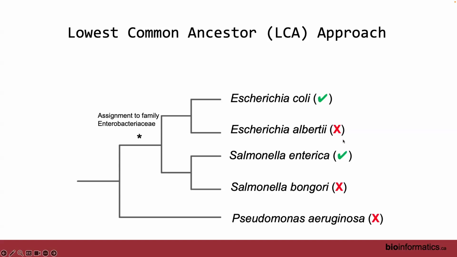And this is just a simple toy example. So if there were 2 check marks for Escherichia, I can never pronounce that properly, then we would obviously assign it at the genus level and not know what it is at the species level. In this case, because we actually have 2 different genera, we would not even be able to assign it at that level very well, and we would push it up to the family level.